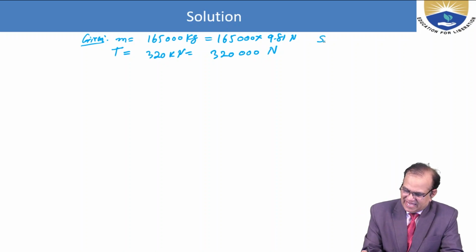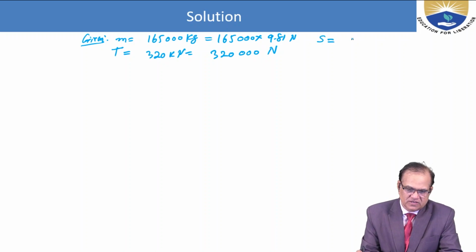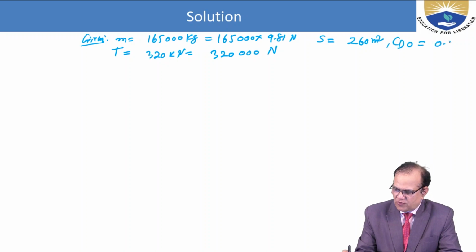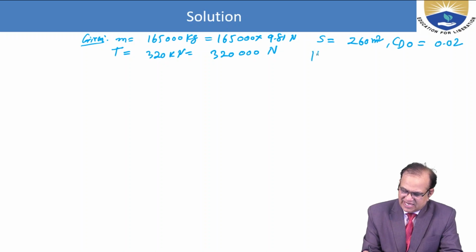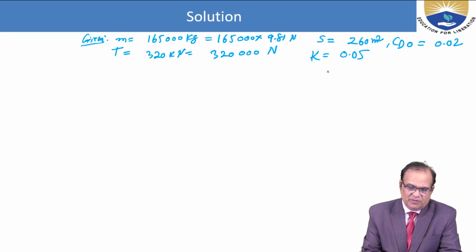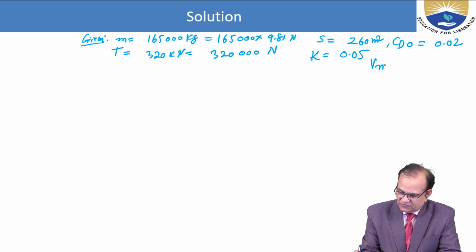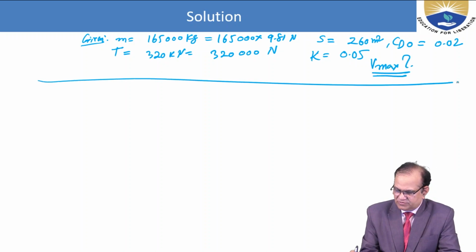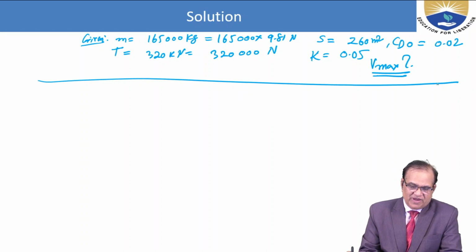Area S is equal to 260 meter square. CD naught is equal to 0.02. K is equal to 0.05. So we have to find out the maximum speed. V max we have to find out. This is our objective.